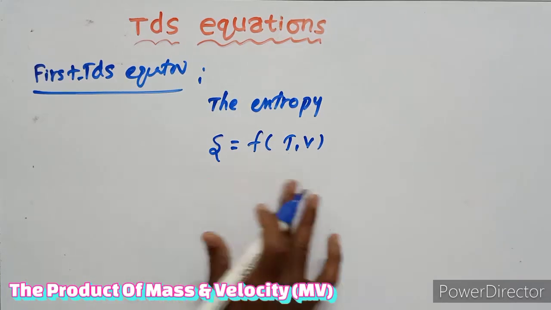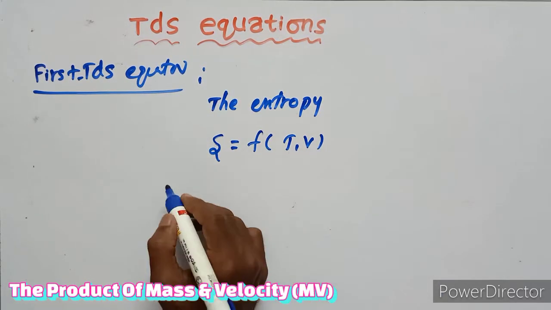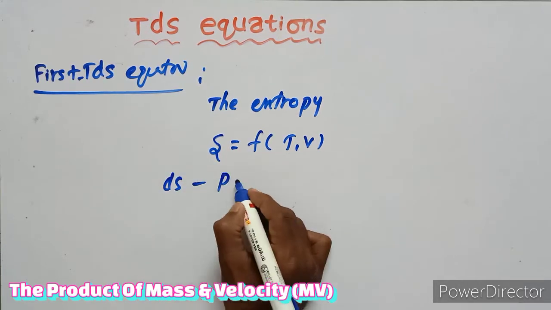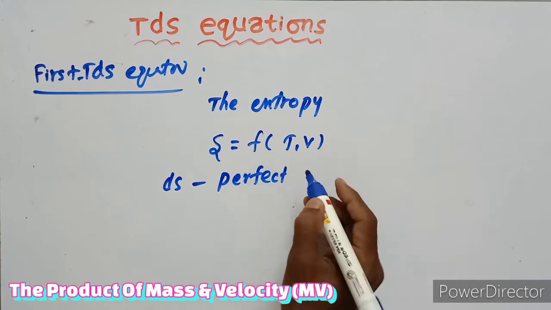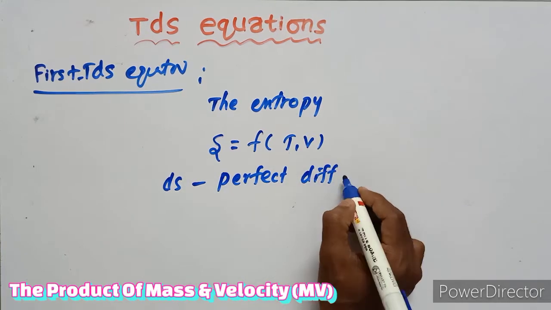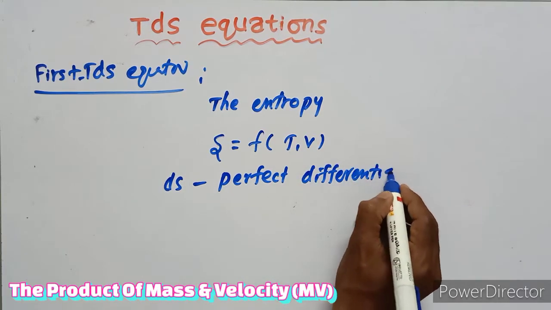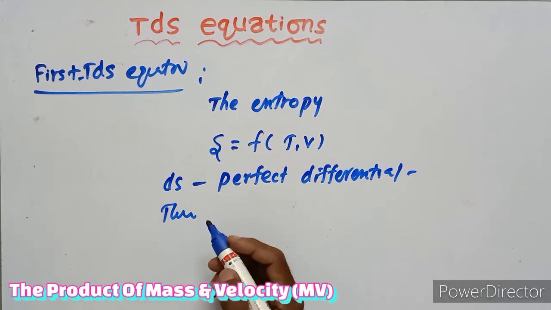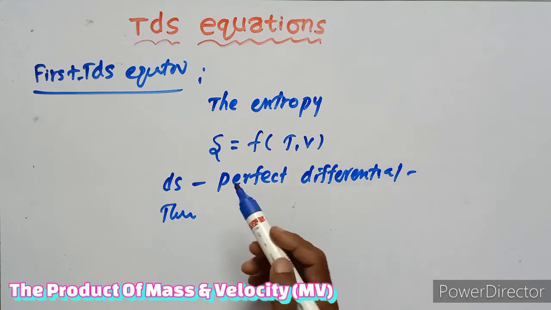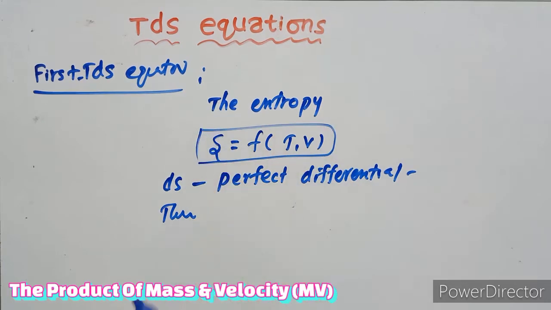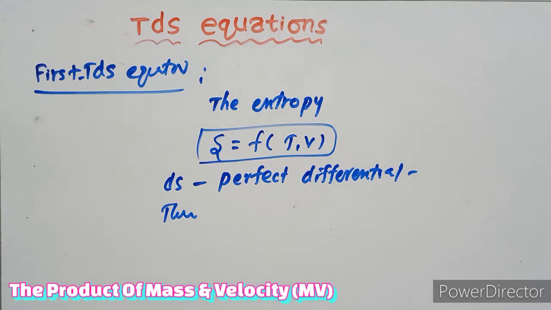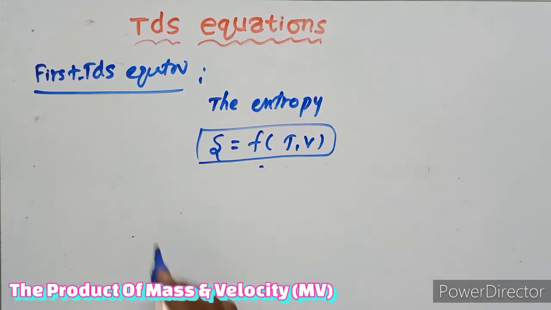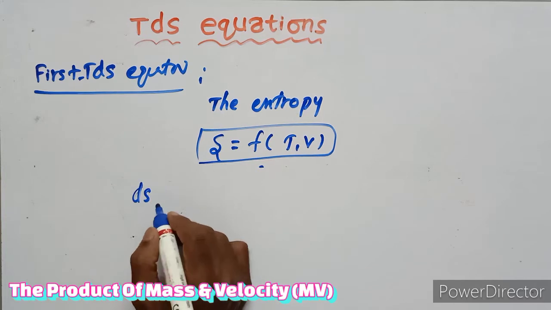So in this case, ds is the perfect differential, then partial differentiating this equation. Then we can write, ds is the perfect differential.